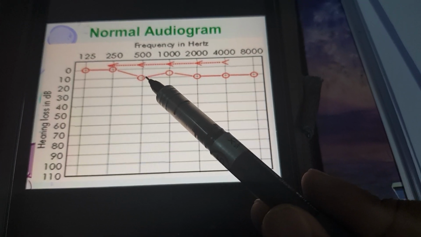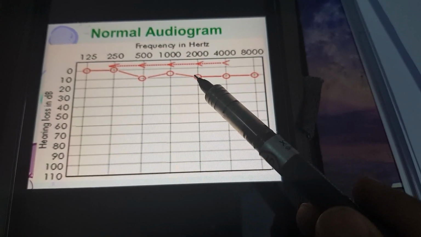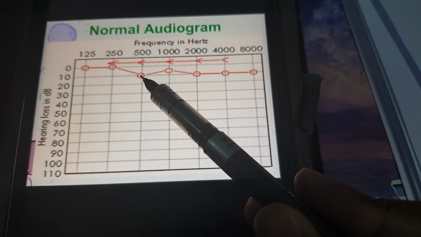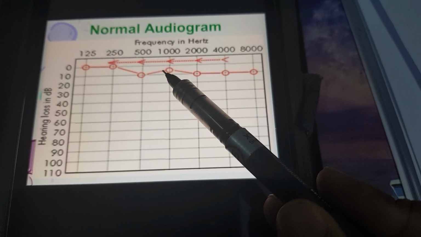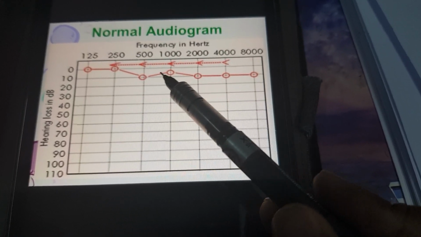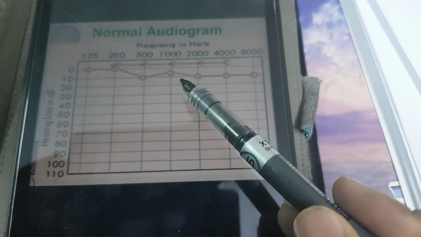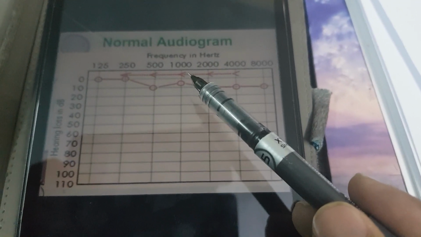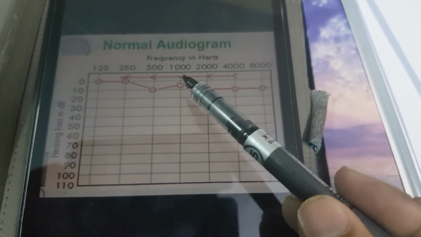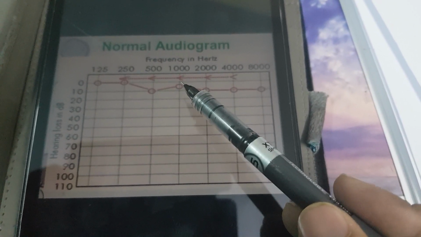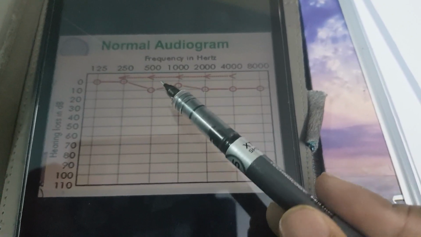We see here at 500, 1K and 2K the hearing loss is usually less than 10 decibel approximately. So we add 10, 10, 10 divided by 3, it is 10 decibel. For bone conduction it is usually 0 decibel, which means normal. There is no air bone gap, so this is a normal audiogram.